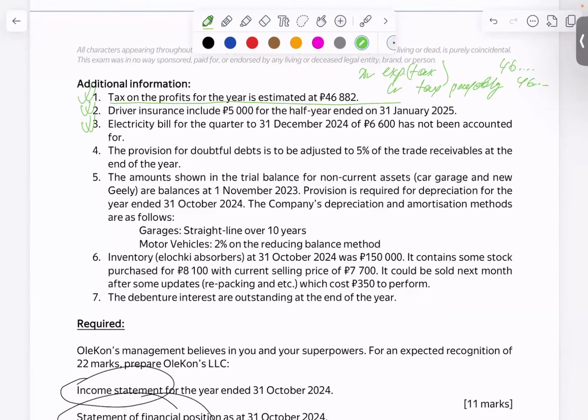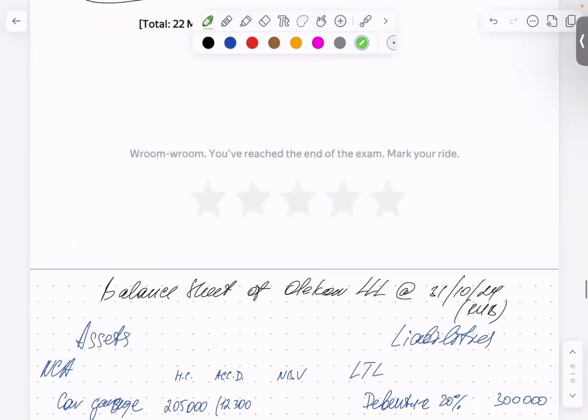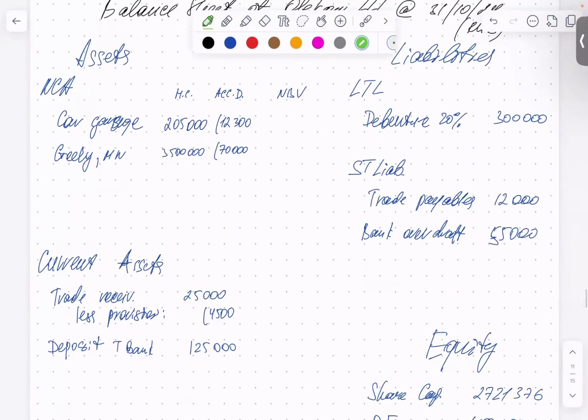It's not required to write down this entry. I suggest just to correct the statements you have. In short-term liabilities, you're gonna add the line tax payable with an amount of 46,882.